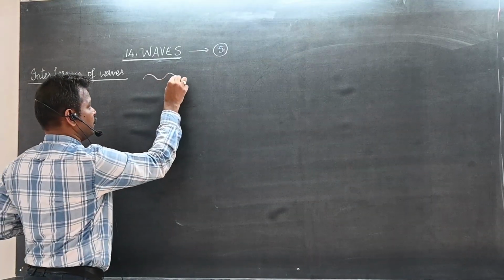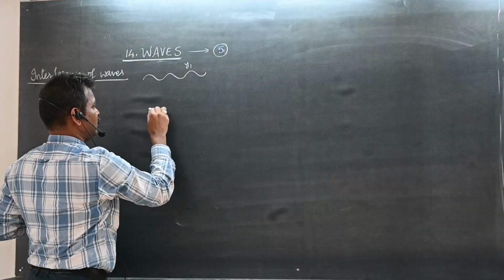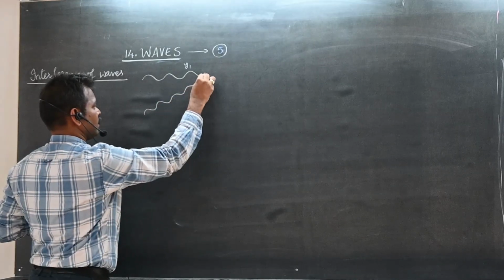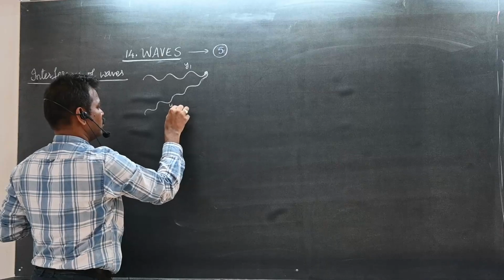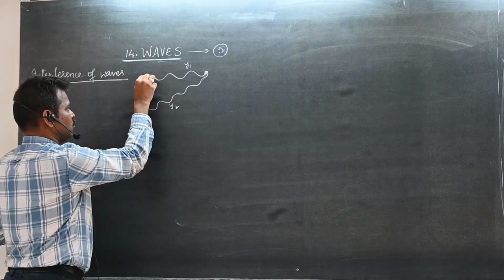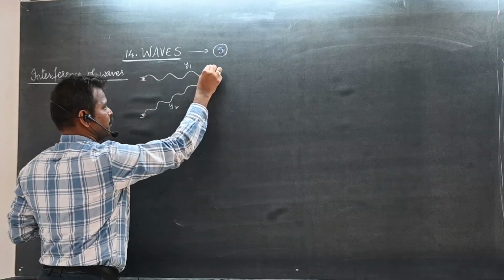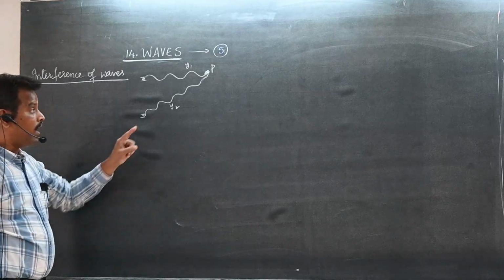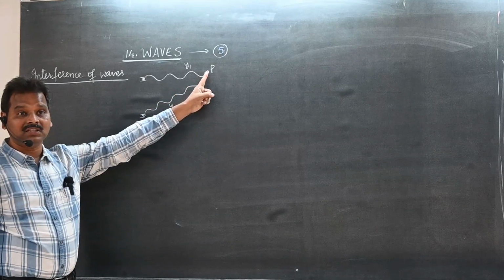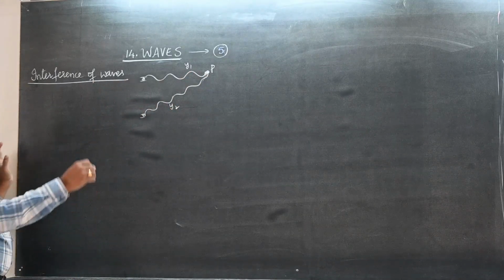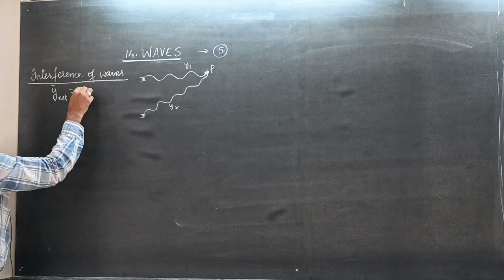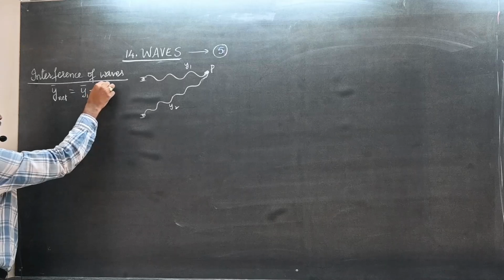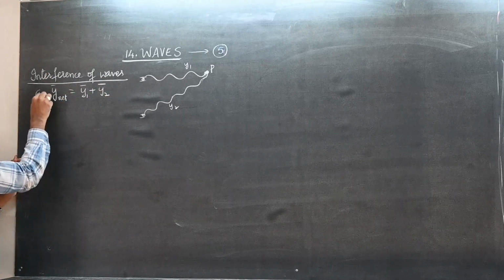You put two different waves, y1 and y2, coming from two slits, superimposed at a point P. What is the resultant displacement of this particle? y net is equal to y1 plus y2, point number 1.